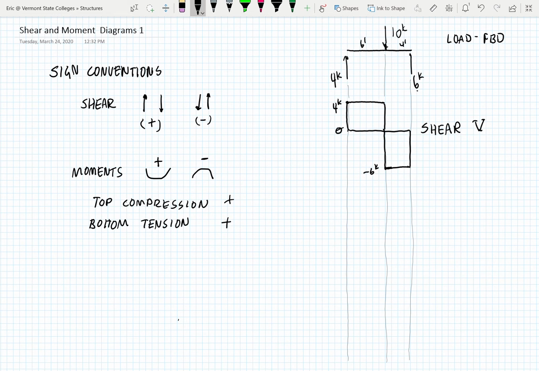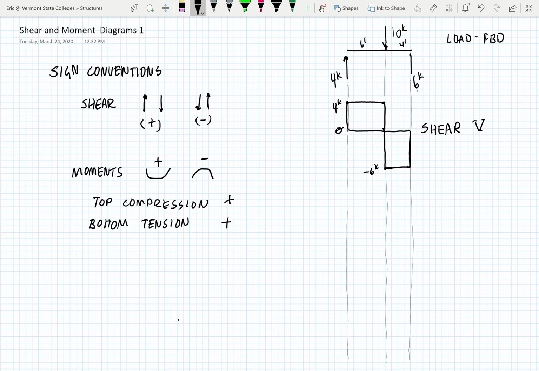So repeating, going from left to right, 4 up takes us up, no load, no change, 10 down goes 4, 6 more to 10, go across, no load changes, and then we hit the 6 going back up. So that's our shear diagram.